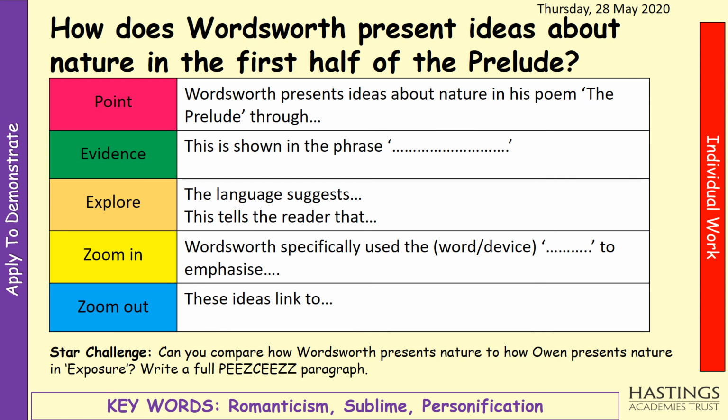Okay, so pause the video now. I'm going to try and do 2 paragraphs, so try to spend about 15 to 20 minutes writing these out for me. Okay, so pause the video now and then come back when you have finished your 2 paragraphs, or your paragraph from the Prelude and then your comparison paragraph with Exposure.